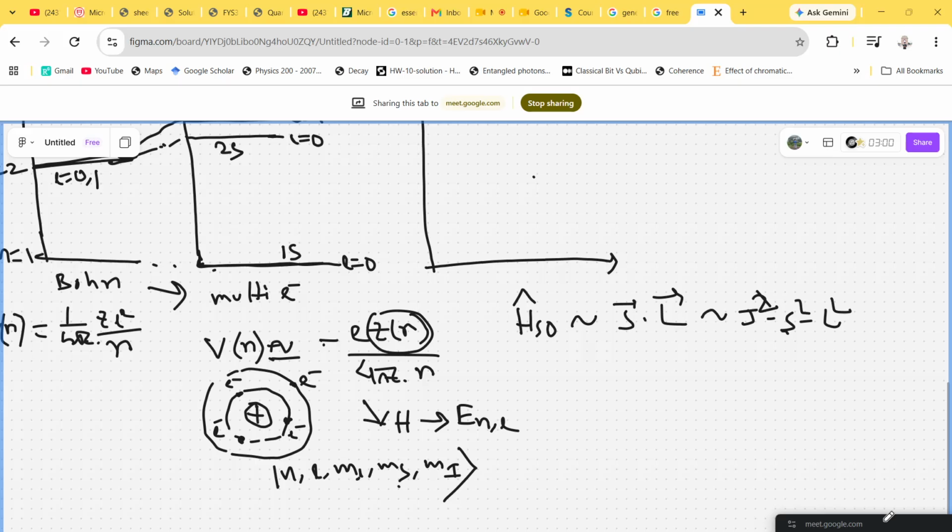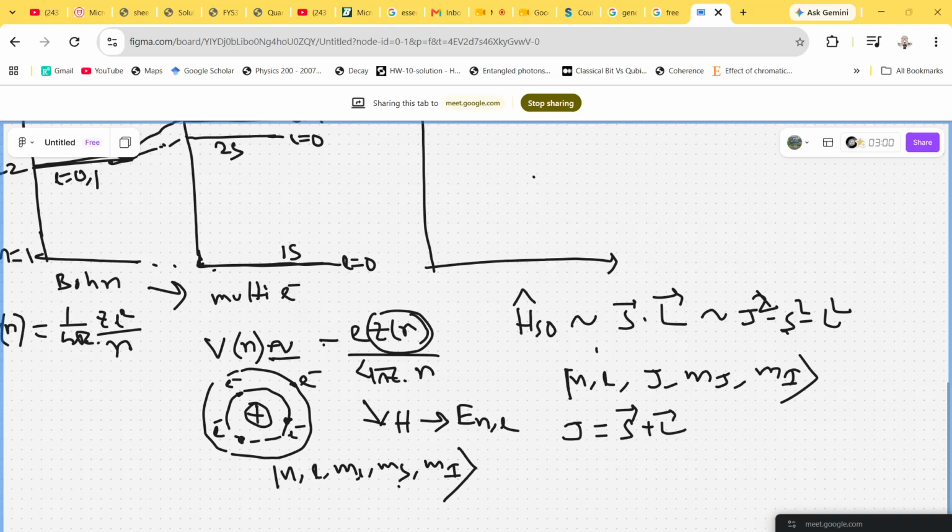Now they are coupled, so ml or L, these are no longer good quantum numbers, or ms or ml, these are no longer good. So instead of n, l, ml, ms you have coupled ones: n, j, mj, and mi remains the same since you didn't touch the nucleus, where j is given by s plus l.